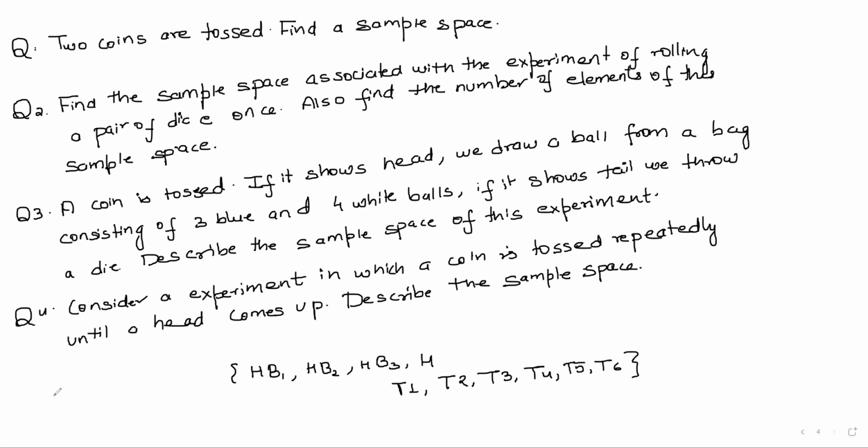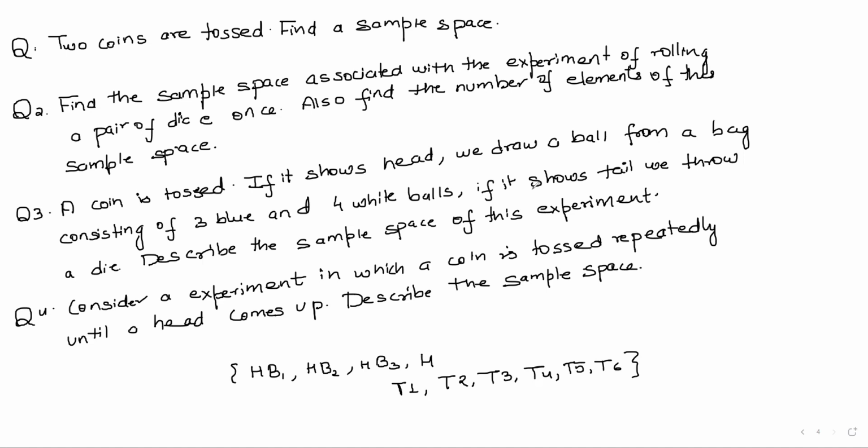Then start question number 4. Sir, will this include only heads? No, it will not be only head. If a head comes then we will draw a ball. So HB1. Sir, it is written at the end, heads. A coin is tossed, if it shows head, we draw a ball from.